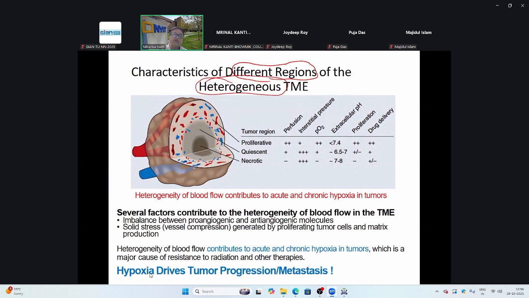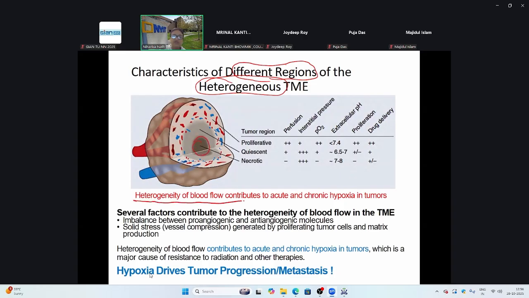Just because the tumor is one big lump doesn't mean that at any point you take a biopsy you'll get a snapshot of everything. That's not true. Probably the blood flow is not very good on the core inside.